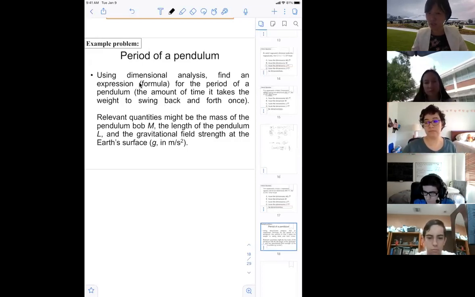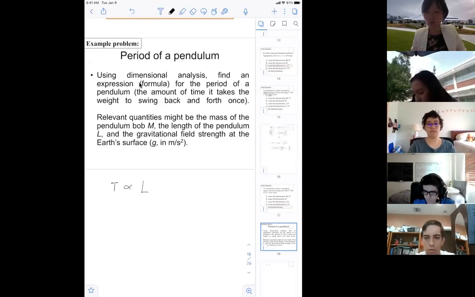So you would be able to find the period, which we represent using time T, as a function of some other relevant quantities. The length might matter, right? You make it longer or shorter. The mass of the pendulum bob, the object, might matter, so you may have a mass.